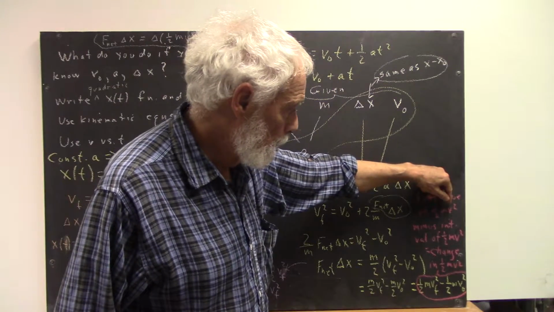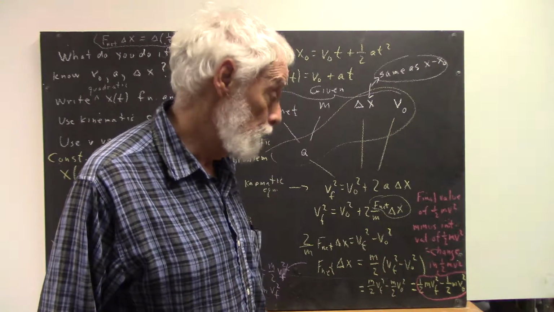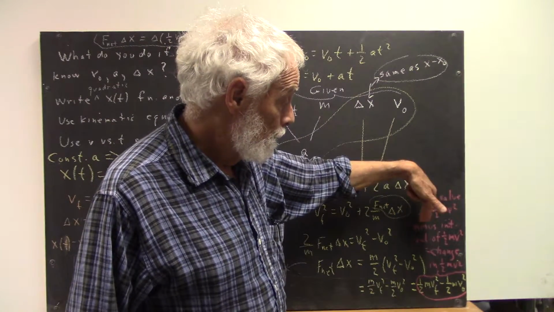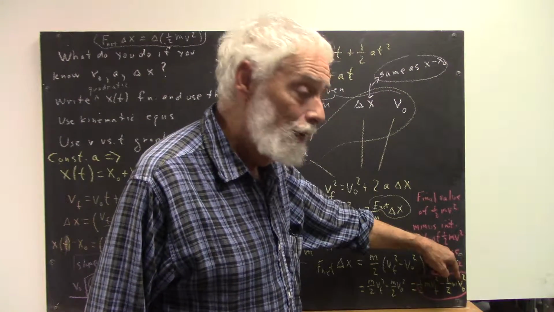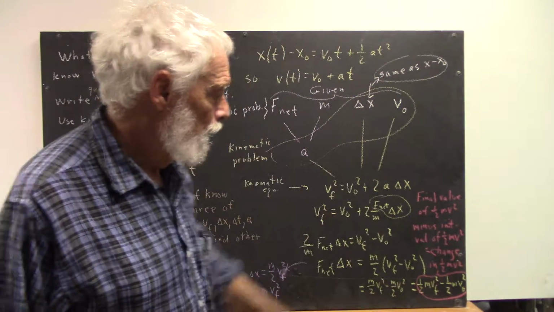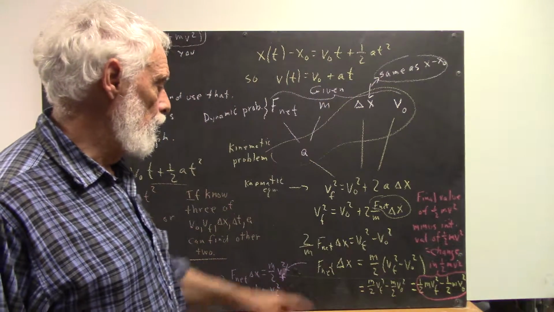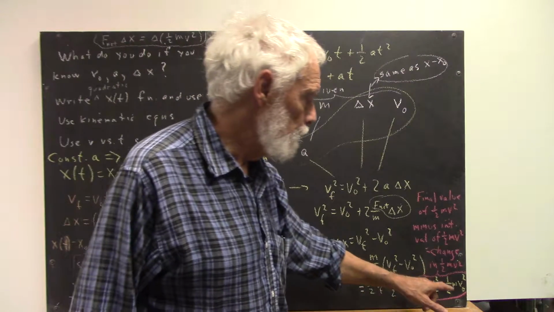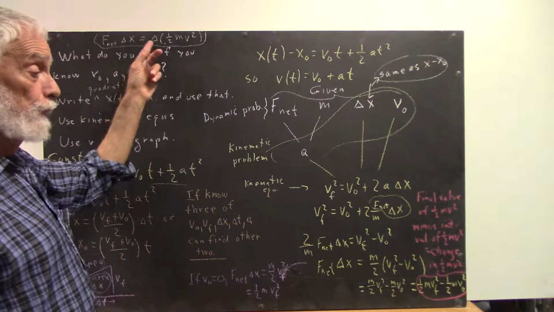So the final value of 1/2 mv squared is 1/2 m times the final value of v squared. The initial value of 1/2 mv squared is 1/2 m times the initial v squared. This then is the change in 1/2 mv squared. So our Fnet delta x was equal to the change in 1/2 mv squared. And we have proven it.